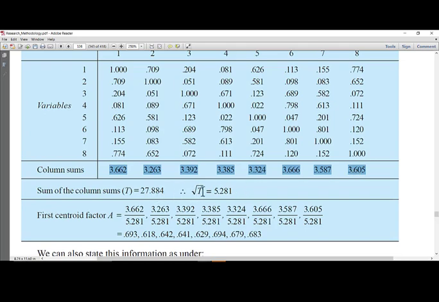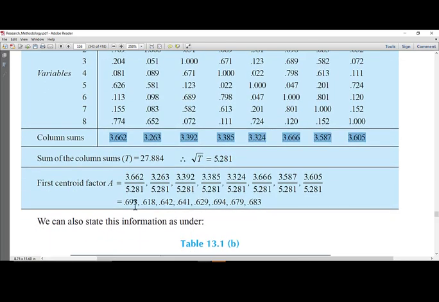Then we have taken the square root of it. That means the square root of 27.884 is equal to 5.281. Then the first centroid factor A is calculated as 3.662 divided by 5.281. This is the first element of the first centroid factor A. Then the second is 3.263 by 5.281, then 3.392 by 5.281.